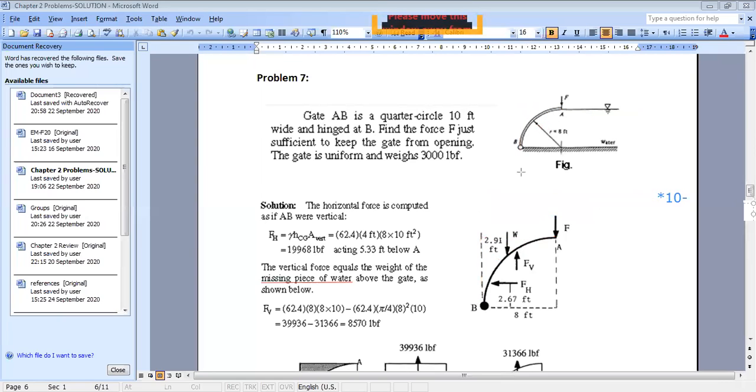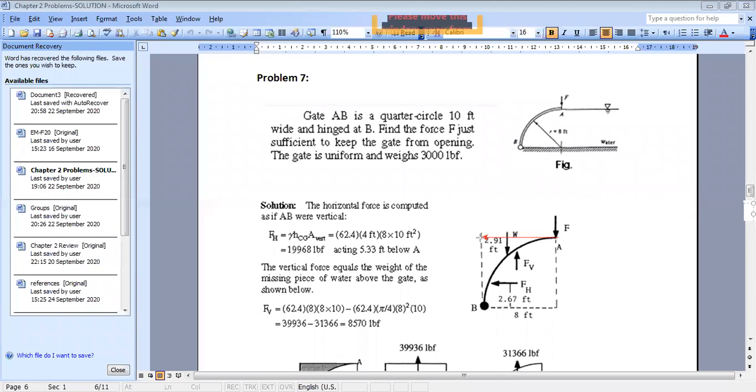Now, we found the magnitude of FV, but we still have another issue, which is the point of application. To know the point of application of this force, since this force is due to the weight of the missing fluid, it should pass through the centroid of the missing part.